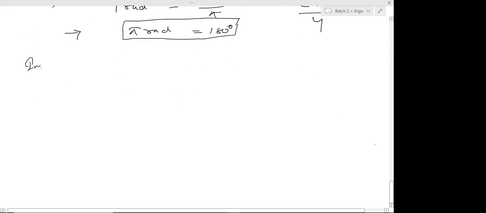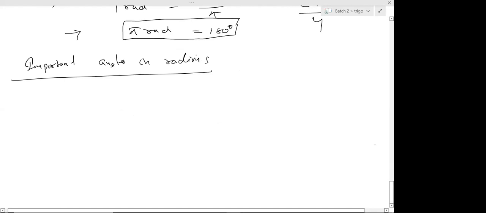Important: angles in radians. And from now on, we'll only be talking in radians. Pi by 3, pi by 4, and so on. So convert this 90 degrees to radians. Convert 90 degrees into radian.